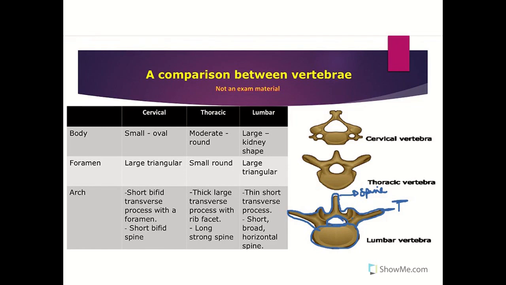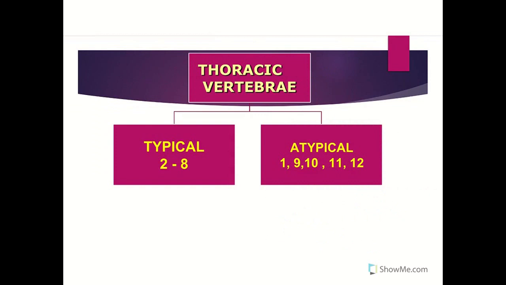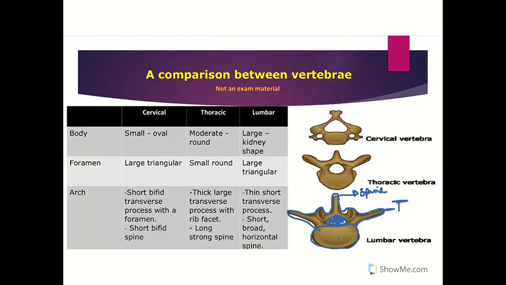Between the vertebral body and the vertebral arch, we have the vertebral foramen for passage of the spinal cord. And between the sides of the vertebrae, we have the intervertebral foramen, and the intervertebral foramen, as we will see, allows the spinal nerves to emerge between the sides of the 2 vertebrae.